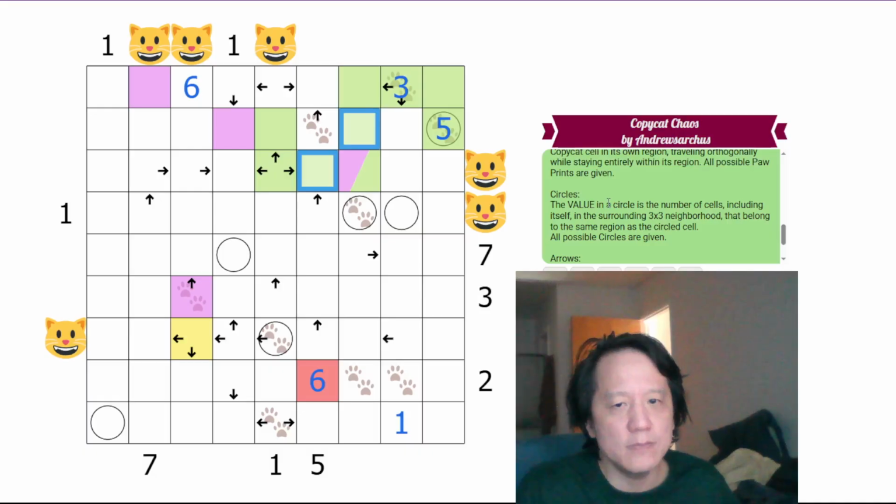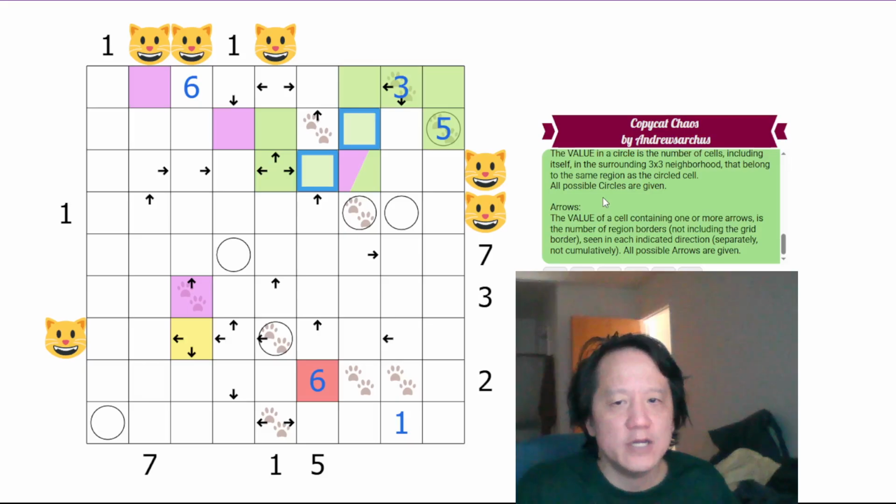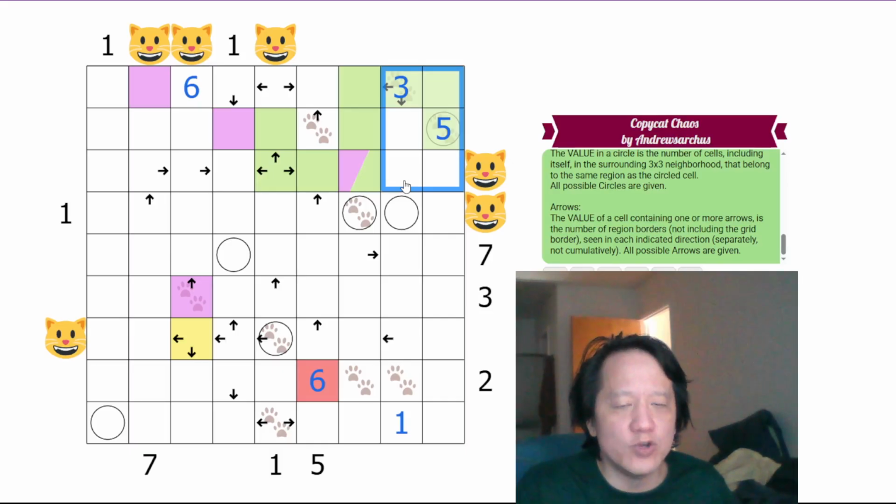We have circles, where the value in a circle is the number of cells, including itself, in the surrounding 3x3 neighborhood that belong to the same region as the circled cell. So let's use this as an example. So therefore, this can't be 3.